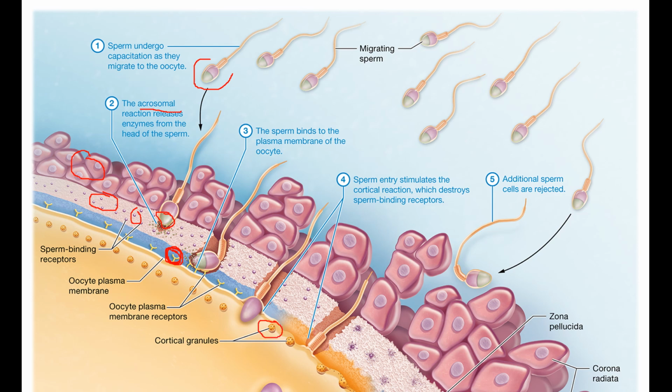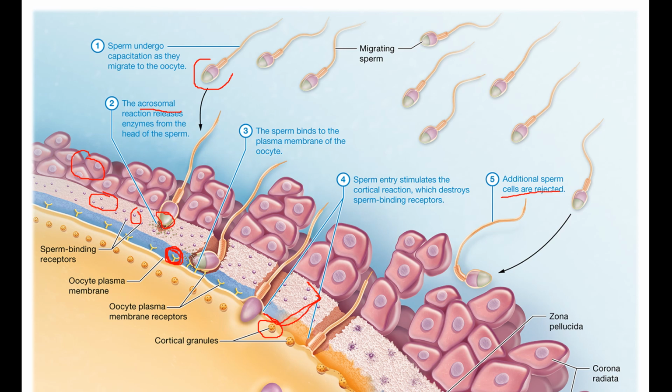It's not something I'll test you on, but what essentially happens is they destroy this zona pellucida, and water rushes in, and it creates a sort of fertilization membrane that pushes the corona radiata out so much further, and it completely rejects any additional sperm, so nothing can happen.